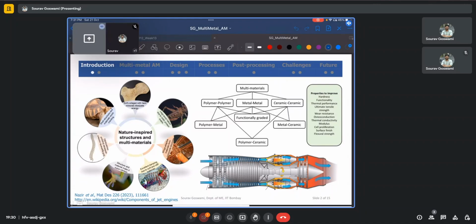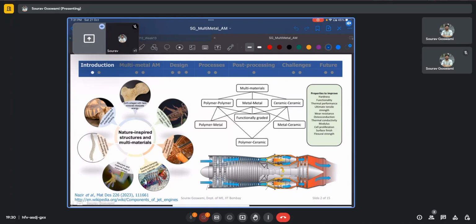For geckos, the legs have structures which make them easy climbers. Similarly, for engineering materials also, we may combine certain aspects of different materials into a composite to give it some functionalized behavior, such as we may have polymer, metal, or ceramic materials.